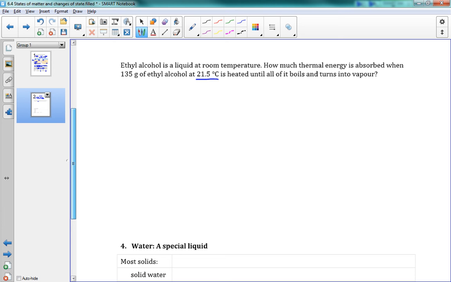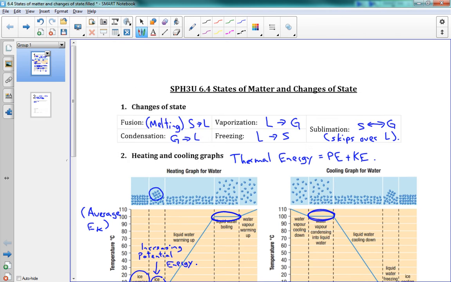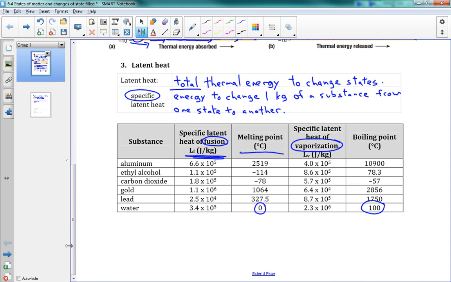To start off, we need to heat it up until it gets to its boiling point. So there are two stages here. The first stage, we're going from 21.5 degrees Celsius and heating it up until it gets to its boiling point. We'll check that on the previous page. Ethyl alcohol boils at 78.3 degrees Celsius.